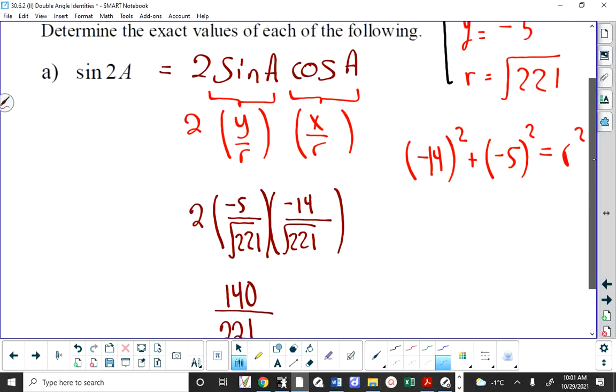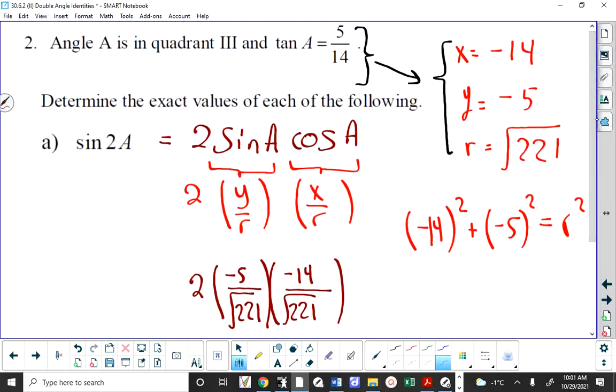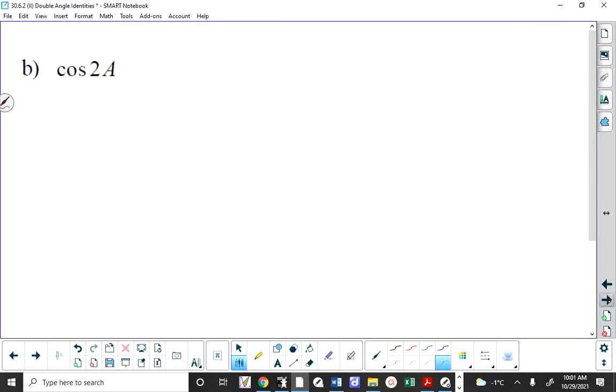The nice thing about this, everybody, is we now know x, y, and r. So to answer question B, we're just going to roll with those x, y's, and r's. So maybe you want to do this: cos squared of A minus sine squared of A. Remember, I'm going to need somebody to confirm here.